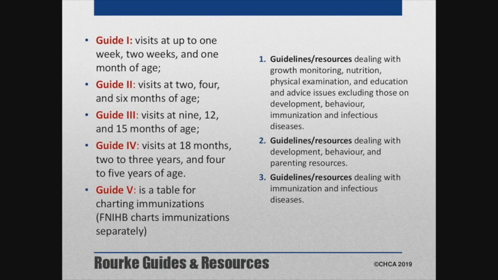The guidelines and resources are fantastic to be able to utilize to ensure that you have appropriate information, whether it's based on dental, about introducing foods, or any other information pertaining to growth or development.